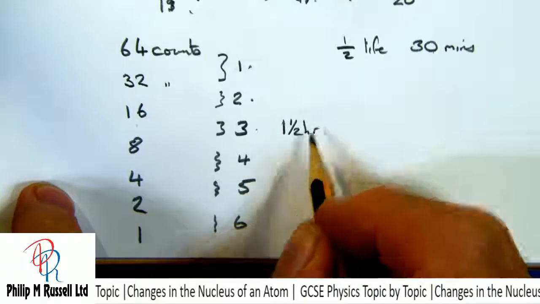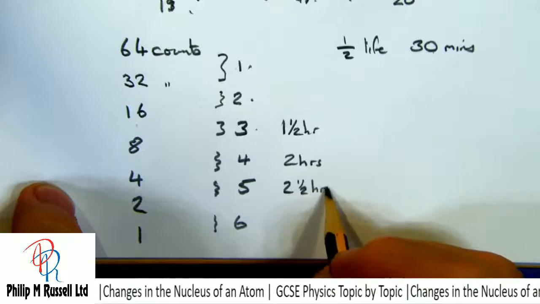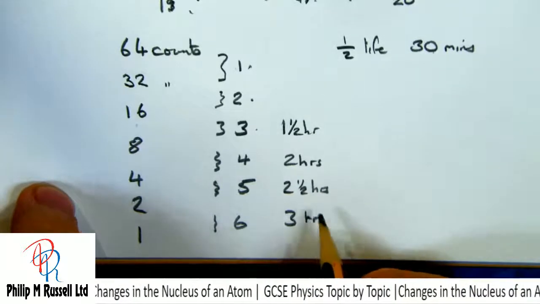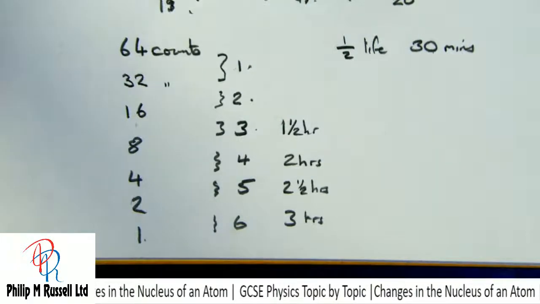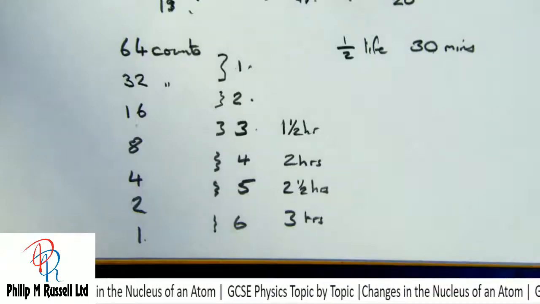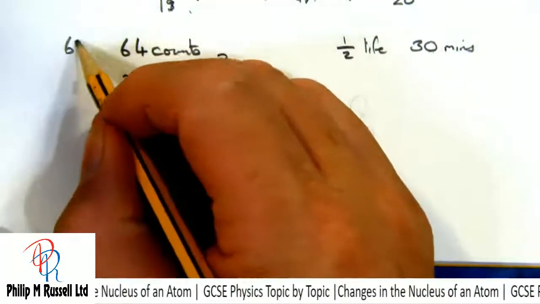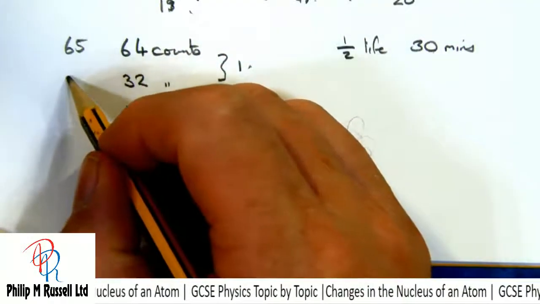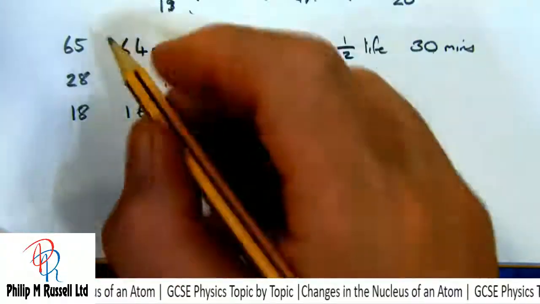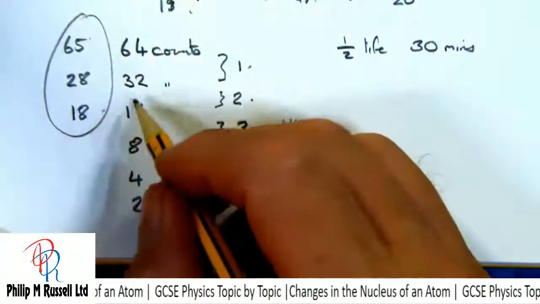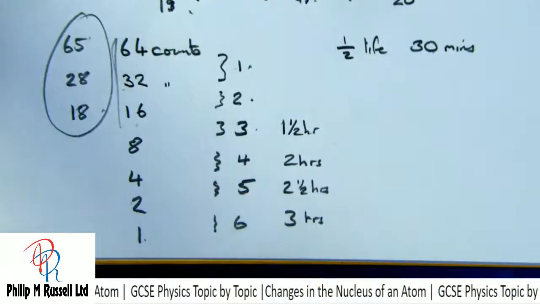1.5 hours, 2 hours, 2.5 hours, 3 hours. And once we got down to 1 count, then it's random. The next one could be, of course, 1 or 0. In reality, we wouldn't get these numbers. Maybe this might be 65, this might be 28, this might be 18. But if we repeat these experiments enough times, then these are the numbers that we will see.